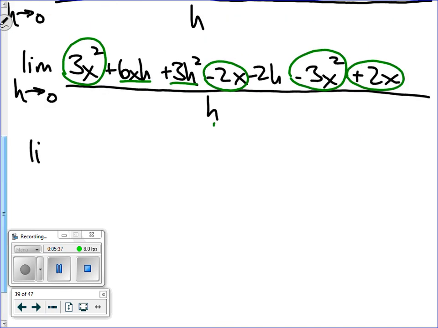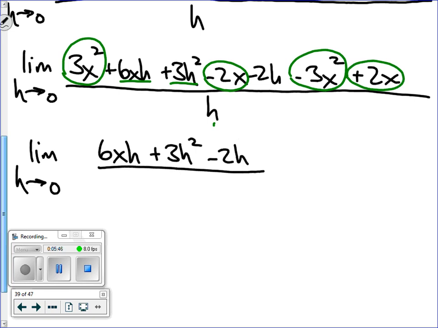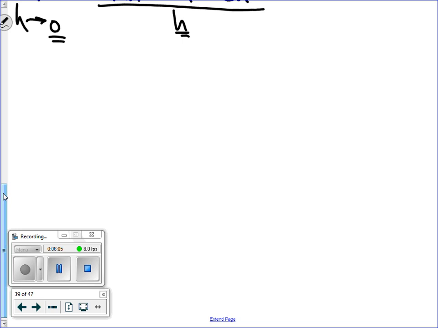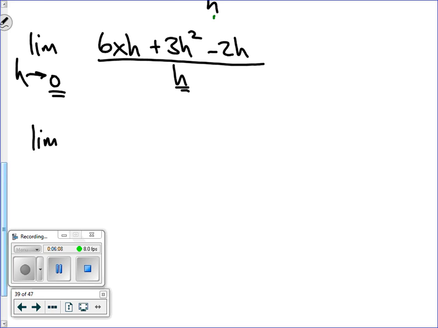So, we have the limit as h approaches 0 of 6xh plus 3h squared minus 2h all over h. We still can't plug 0 in because we'd have this on the bottom, which is the problem here. We need to factor the h away from the numerator, the limit as h approaches 0.